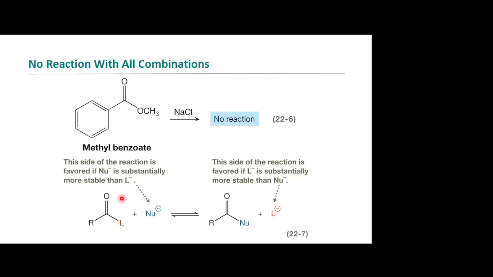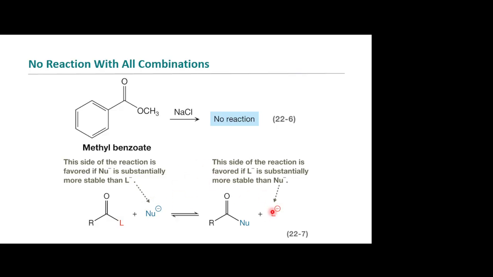Notice it's extremely similar. The only real difference here being that we're now doing this with the chloride being the leaving group. So there's actually no reaction with all combinations of this species right here. This would be an ester trying to react with a chloride. Okay? This would be trying to go the reverse direction. And if we think about this right here, what we're looking at is which side is more energetically stable, right?